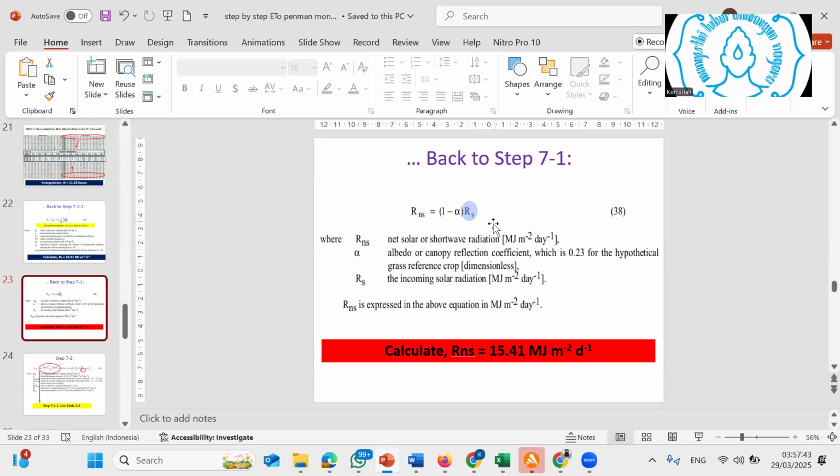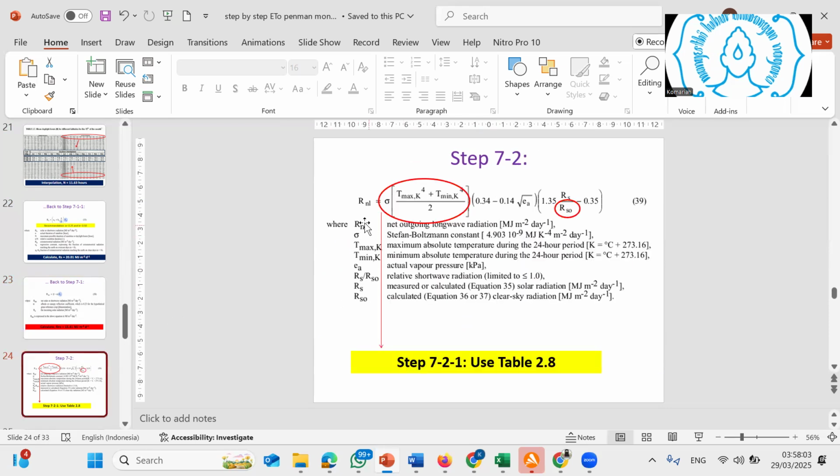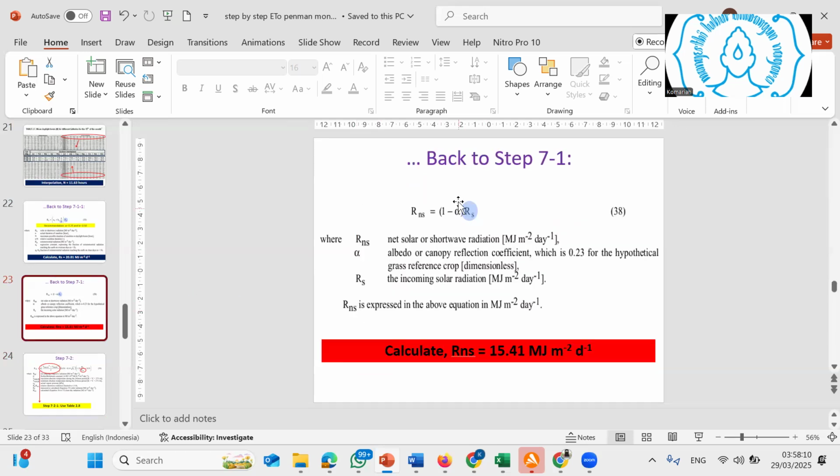Next is calculating the Rns, or net shortwave radiation, by this formula: 1 minus albedo times Rs. So first determine the Rs. We already got this Rs, right?